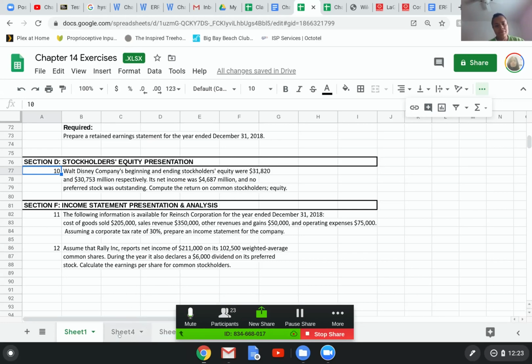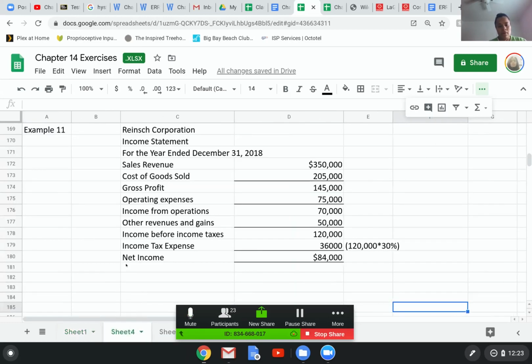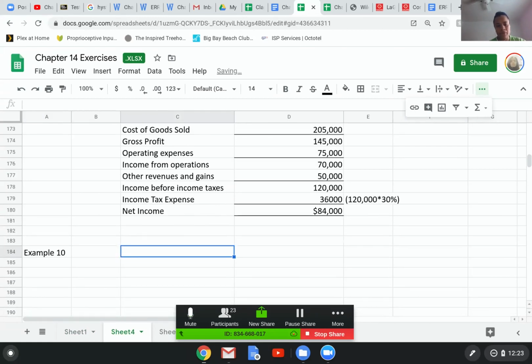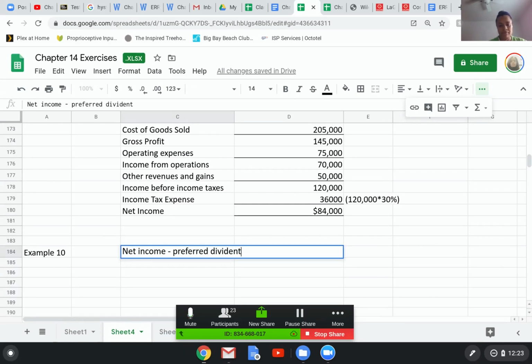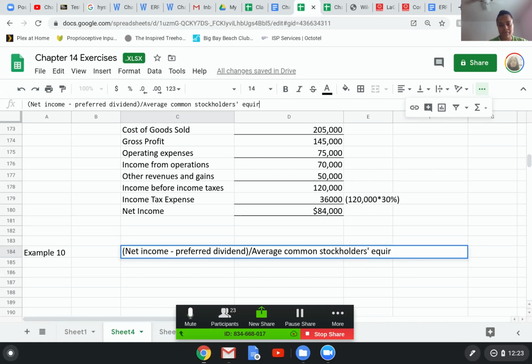All right, so if we go in, we're saying what is net income minus the preferred dividend, and you're going to divide that by the average common stockholders' equity.